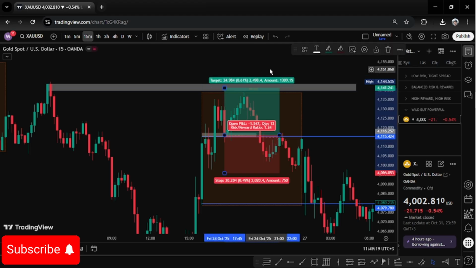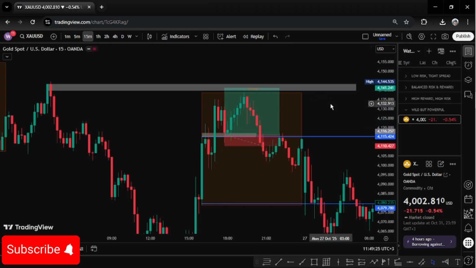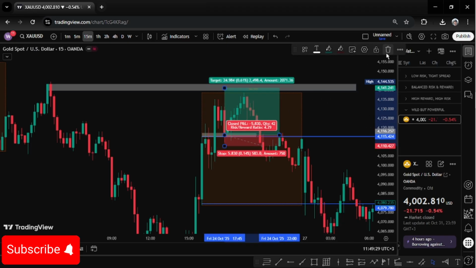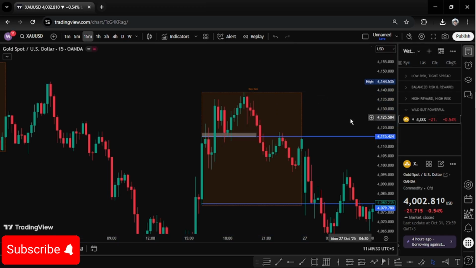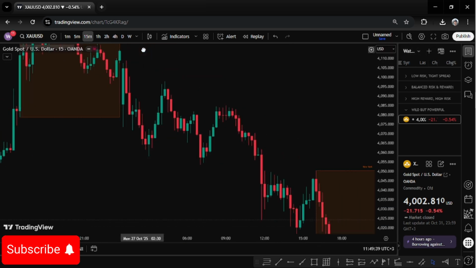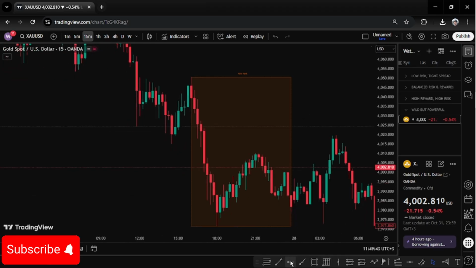Okay, you need to make sure that the amount that you are risking is more or less the same compared to the amount that you will win when the trade goes in your direction.